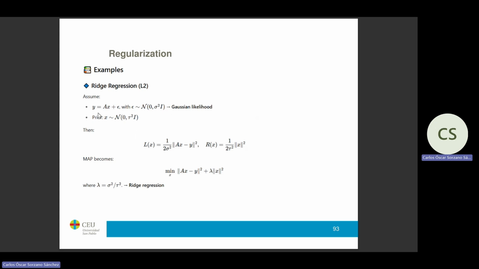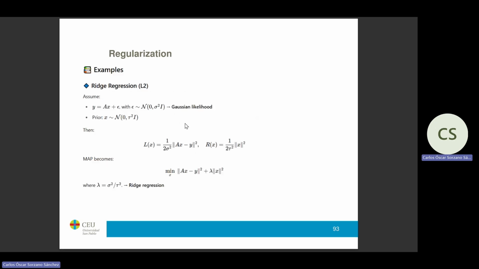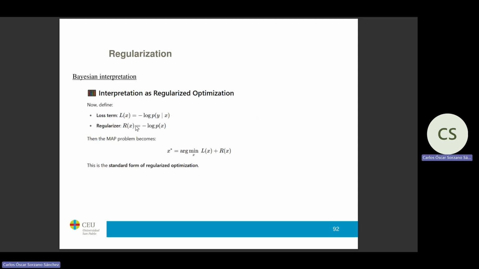You have some prior on the distribution of the X, and then the logarithm of the probability of Y given X will give rise to this thing. So you recognize here the L2 norm, and the prior, that is this one.